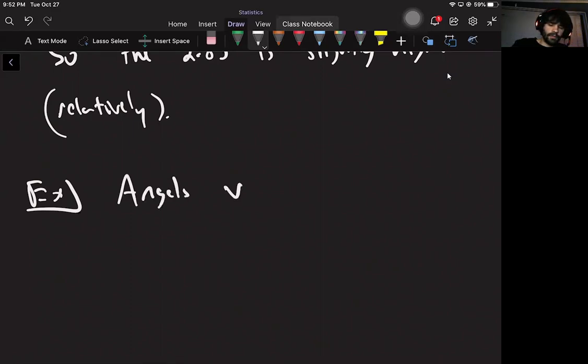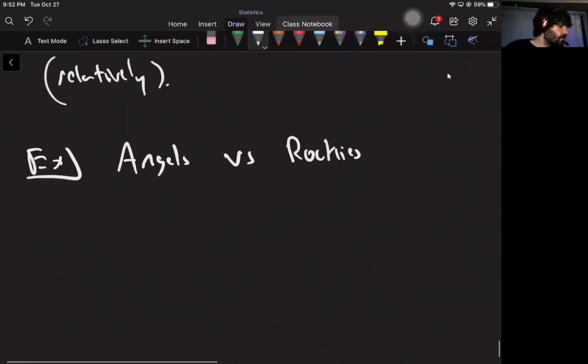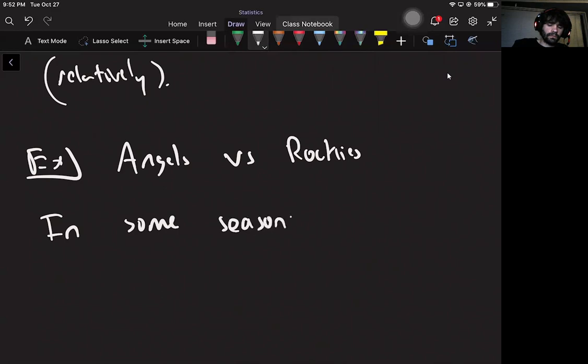So baseball example, the Dodgers just won today, so I guess this is relevant to this lecture. Angels versus Rockies. Here's some data that sports people look at. In some season, long ago, the following happened.